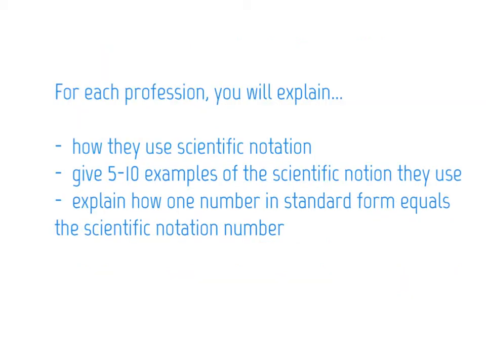Then, for each one, you're going to do three things. You are going to figure out how they use scientific notation. You're going to give me somewhere in the neighborhood of 5 to 10 examples of the scientific notation they use. And then you are going to explain how we go from standard form, so how we go from this to this.